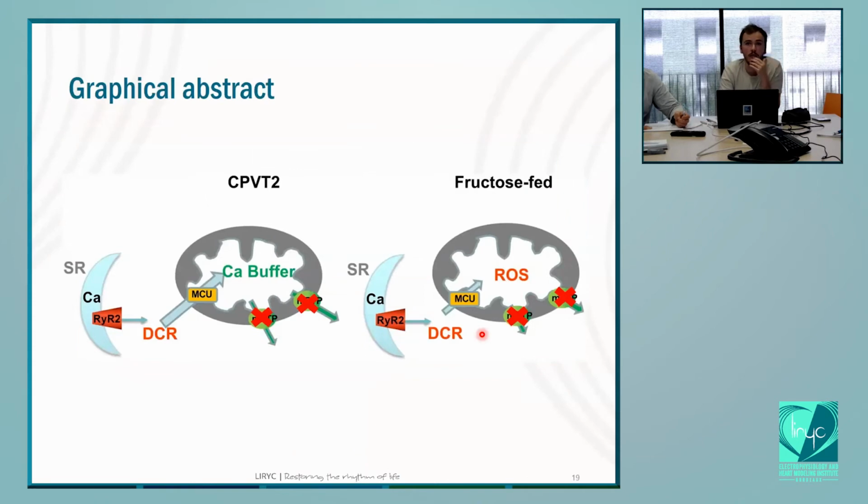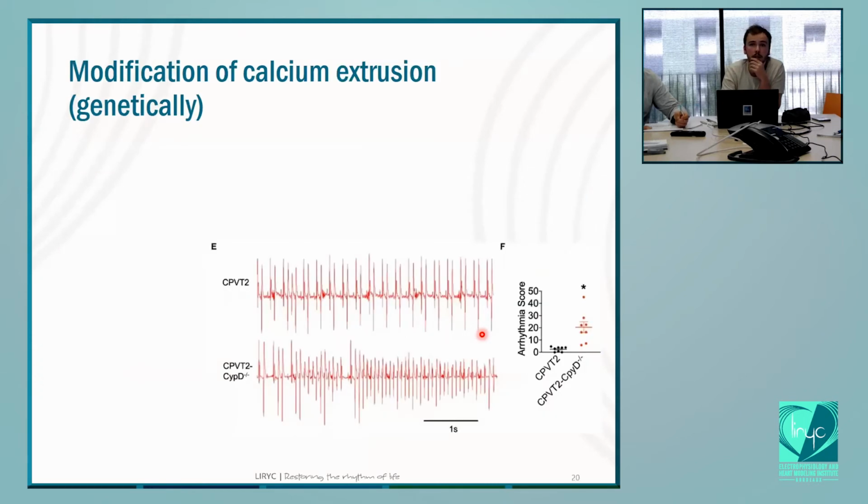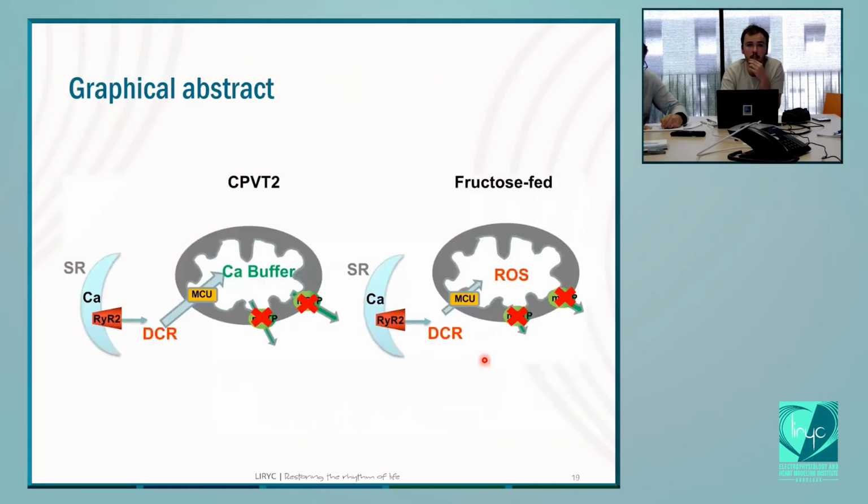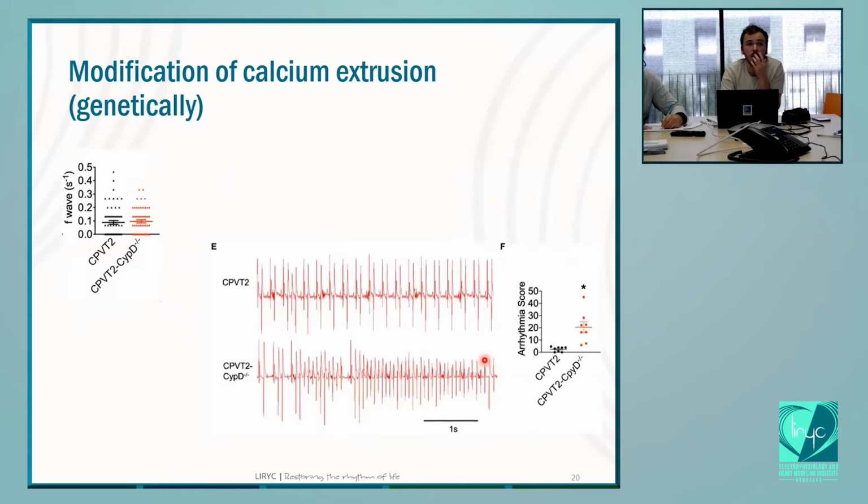And so like for the MCU, they are going to make a knockout of the MPTP, and they are going to see that there will be a big increase in arrhythmia in those mice, even if the frequency of the calcium waves will not differ.